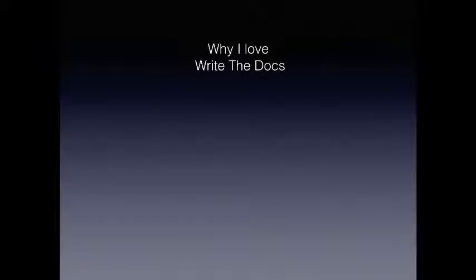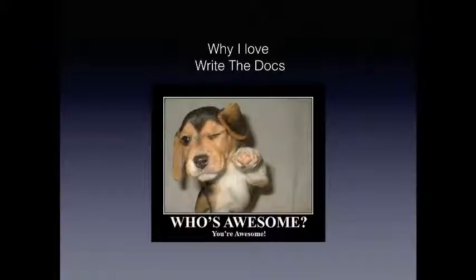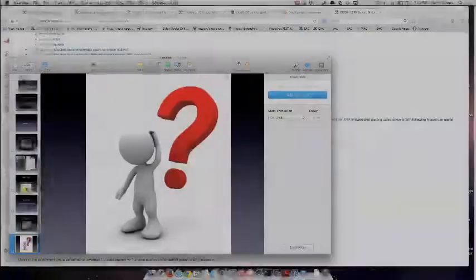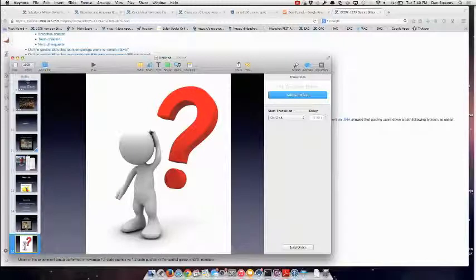I did it back in the late 90s for IBM, and I haven't really done it until I came back to here. And so I'm learning Sphinx, and I'm trying to learn all these other things, and I come to Write the Docs, and I observe, and I listen, and I document what I learn, what I observe. That's because who's awesome? You're awesome. So thank you for having me. Are there any questions?